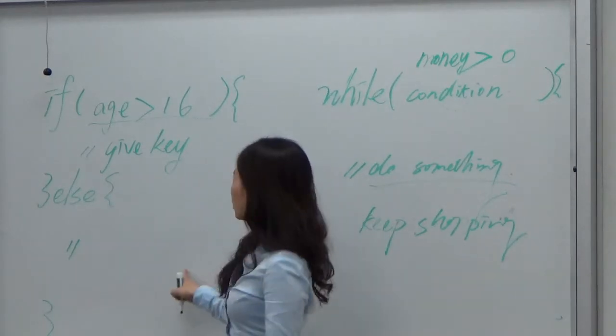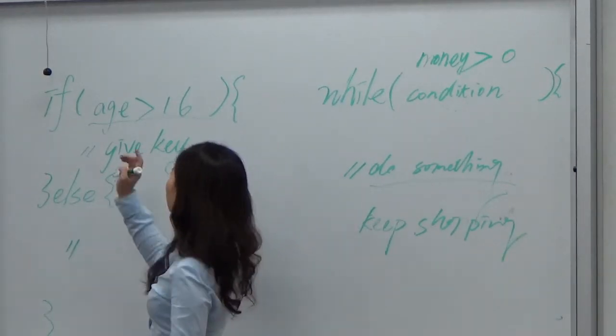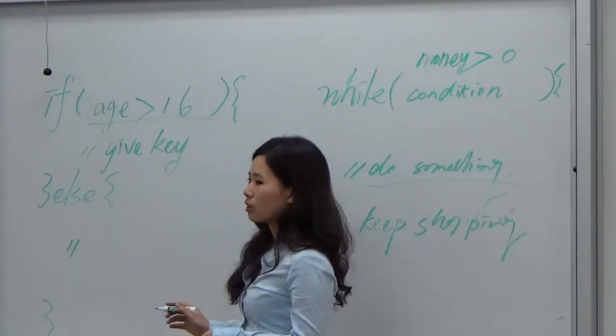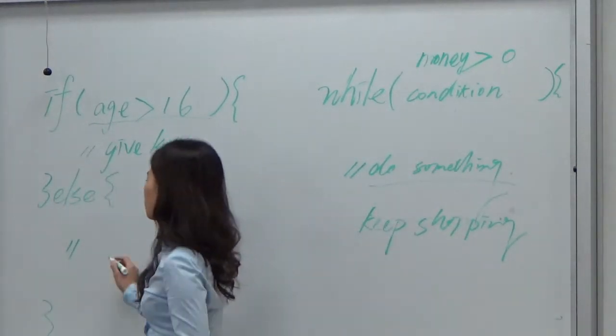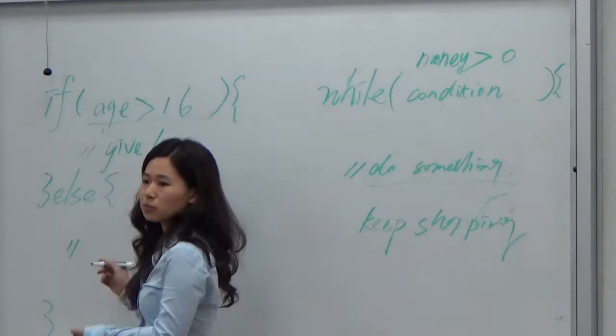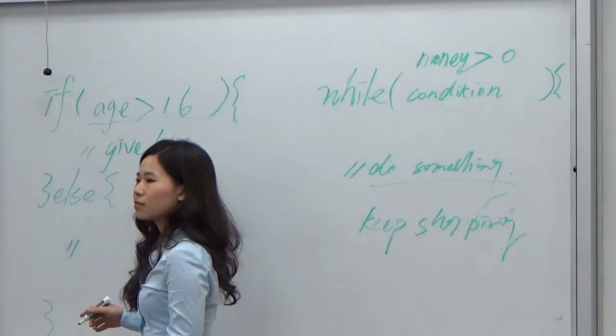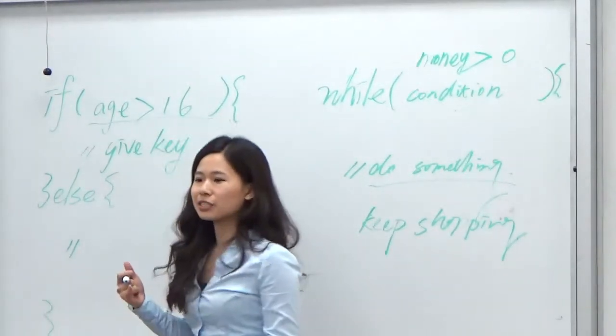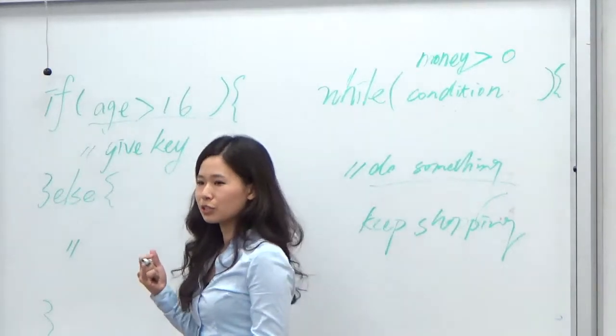So if the age of this person isn't old enough to drive, then he will not be able to claim the key. Probably the key keeper might need to call his parents and tell them that their son attempts to drive.